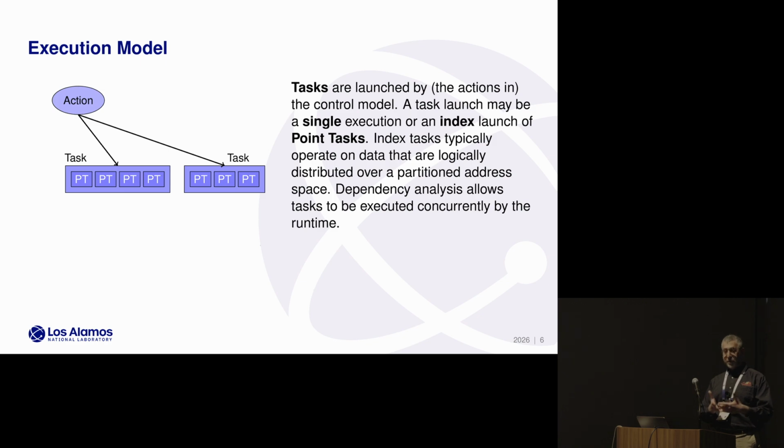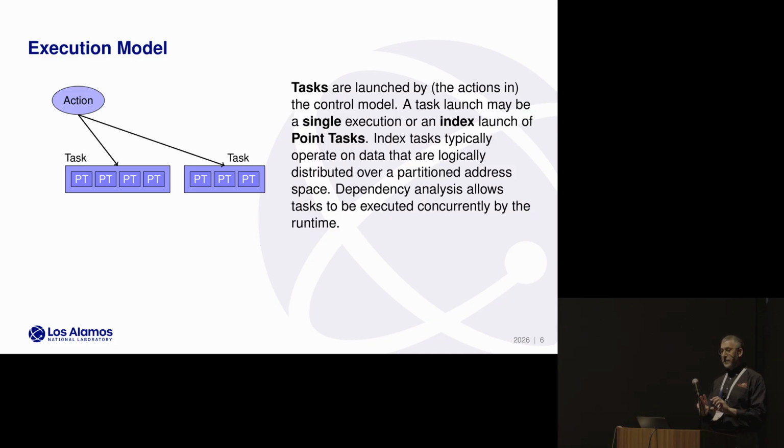After the control model, what we'll talk about later in more detail is the execution model, where the actions can launch tasks. A task is work that's distributed over the system, over multiple nodes, and is working on data that also are distributed across multiple nodes.